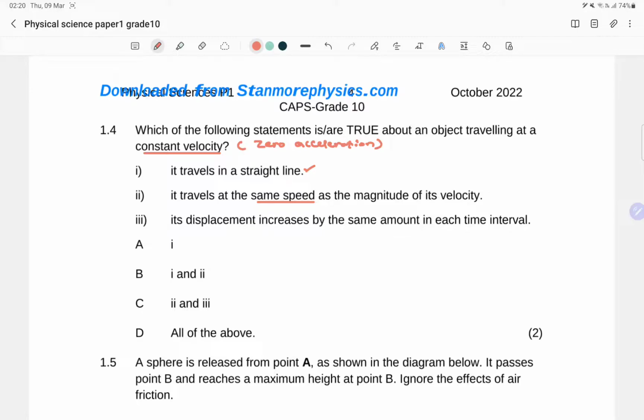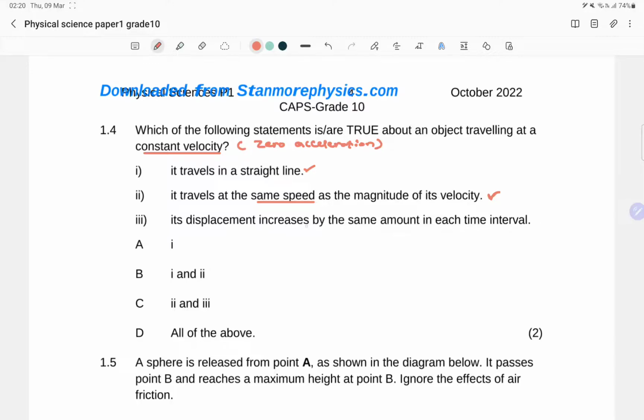So yes, to some extent it's quite correct, but to say traveling at the same speed, maybe we should say at the same value or the same magnitude. Traveling at the speed that is of the same magnitude as its velocity. I don't know, but the phrasing of this statement is horrible.